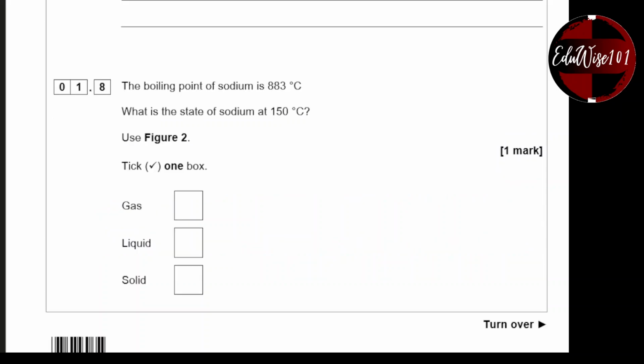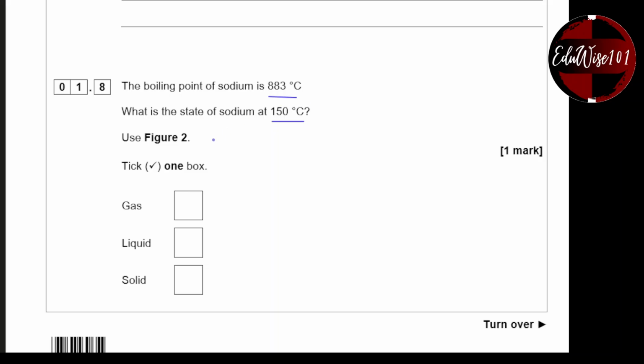Question 1.8. The boiling point of sodium is 883 degrees Celsius. What is the state of sodium at 150 degrees Celsius? Now, if it's boiling at 883, that means after boiling, it should be a gas.